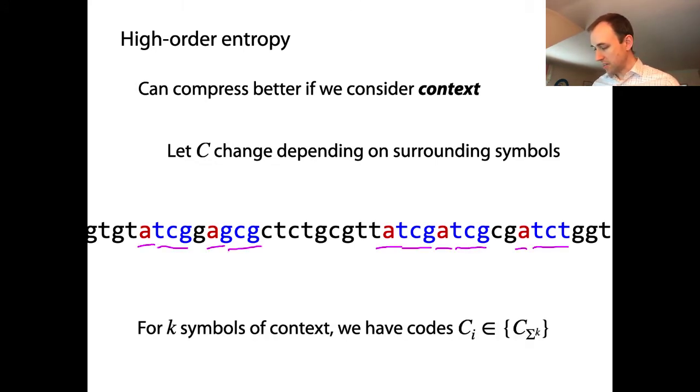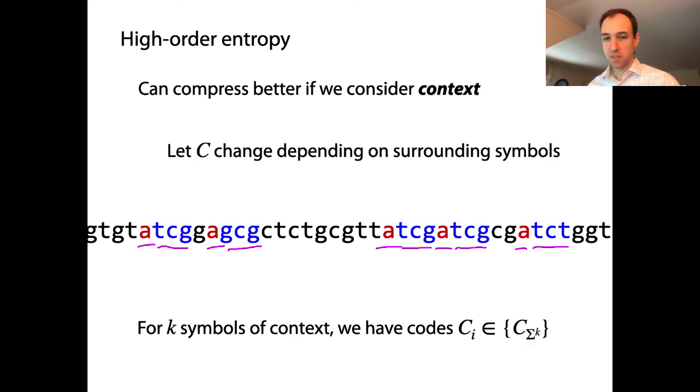So for K symbols of context, where in this example we're using K equals 3, we have a set of codes that we might denote as a bunch of big C sub i's, each of them being a code with a specific subscript, which is a length K context.